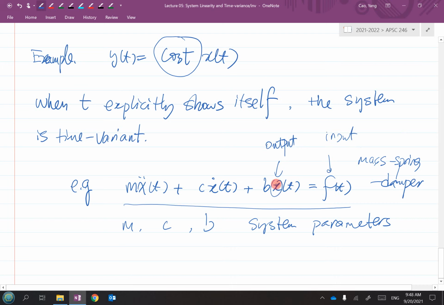So system parameters: mass, and this is K, sorry, K is the spring stiffness, C is the damping ratio. Those are the basic system parameters, associated with the components of the system.